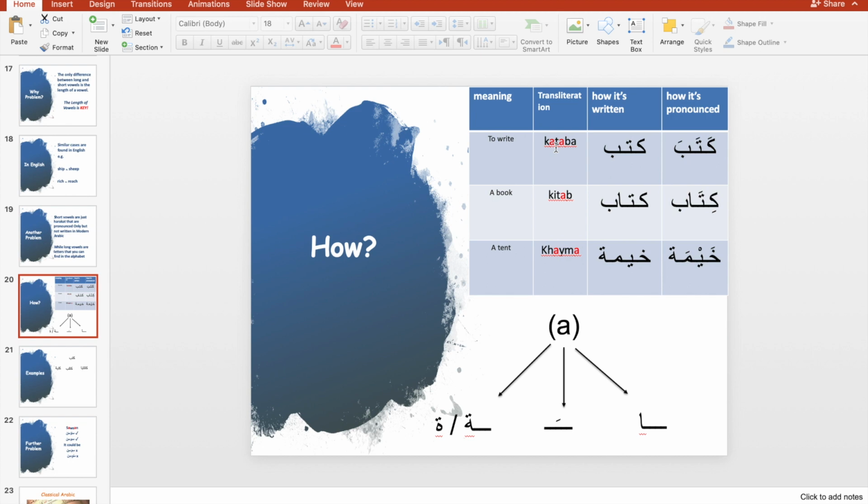Look at the letter A, the English letter A. It is used to represent three different things in Arabic.